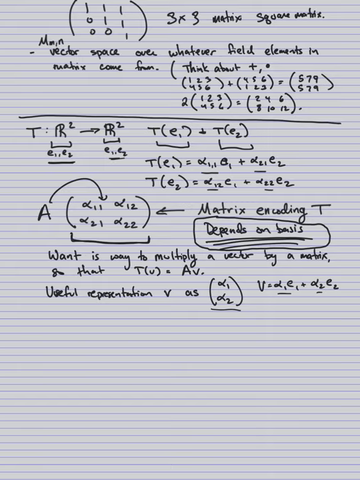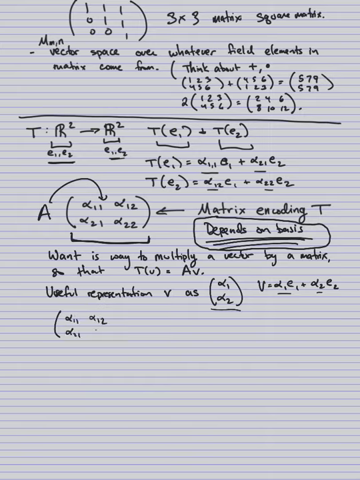Again, that will change the matrix. So in some sense, the matrix is not as nice or as natural a thing to work with as the linear transformation, but it's also a very useful way to compute things, so you have to take what you can get.